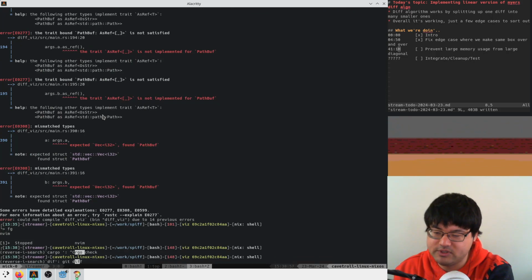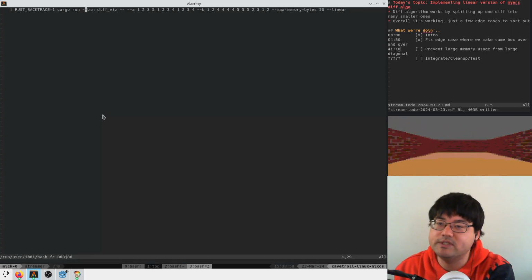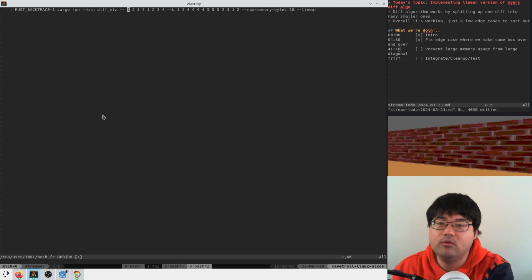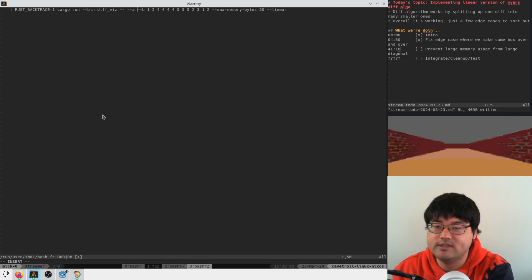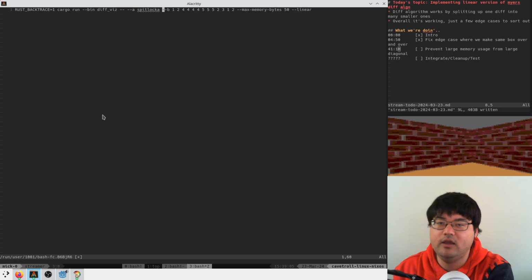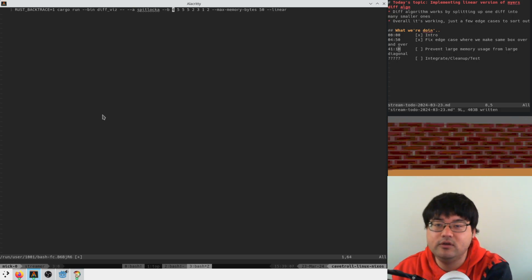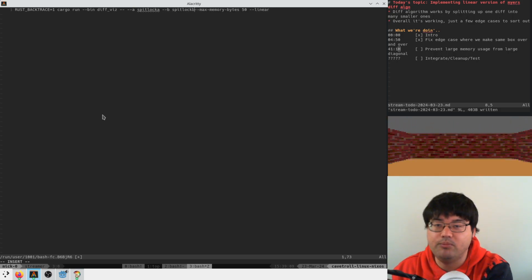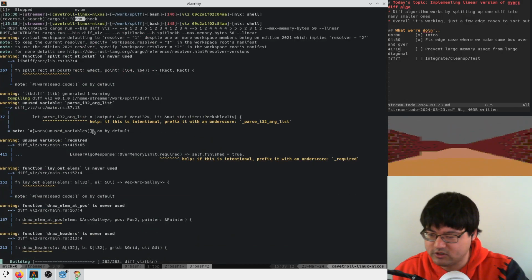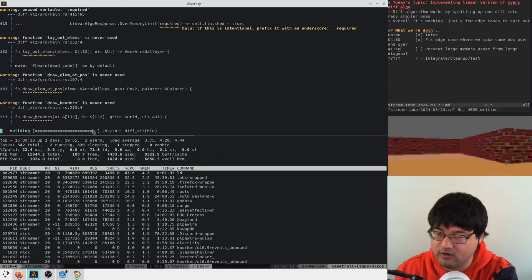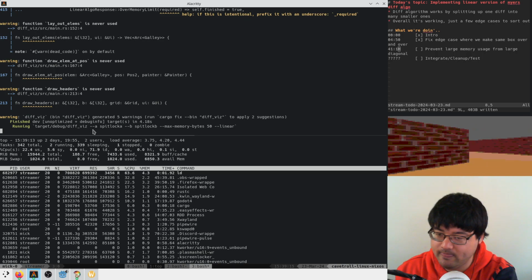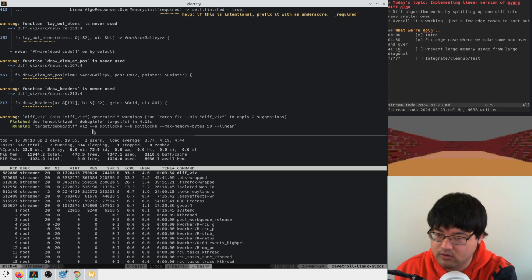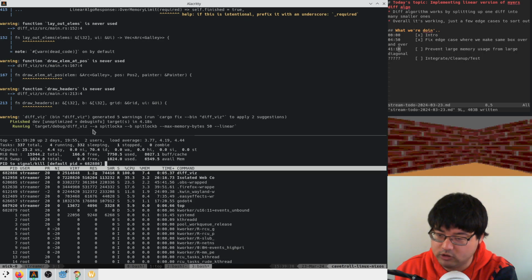So now we should be able to do diff viz, and we should be able to say, with A, it's spiff lock A, and B is spiff lock B, and now we should get a really messed up graph, and I just hope that this doesn't crash me. Memory usage is going up by a lot, very fast.